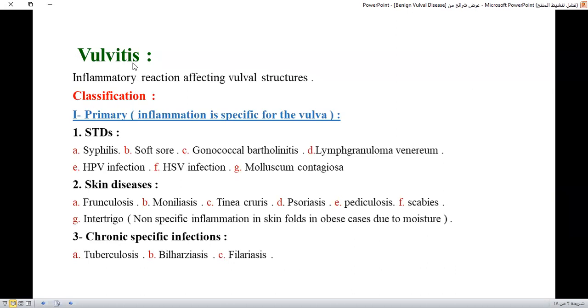What is the meaning of vulvitis? This means an inflammatory reaction affecting vulval structure. Classification: primary and secondary.